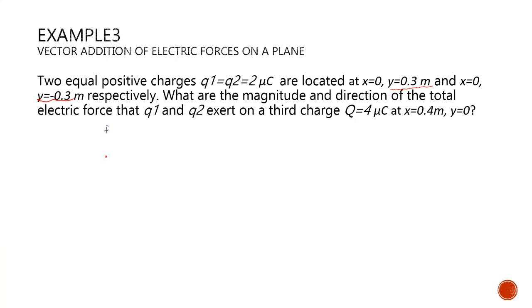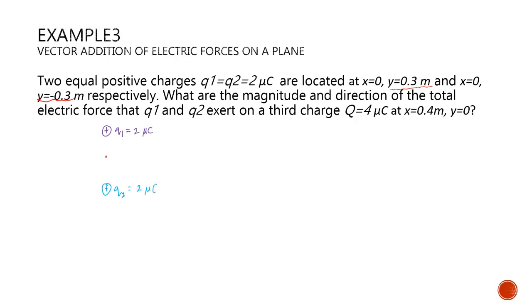Let this be Q sub 1, 2 microcoulombs. And then the second charge is at 0, negative 0.3, so it's below the origin. It's also positively charged, 2 microcoulombs also.